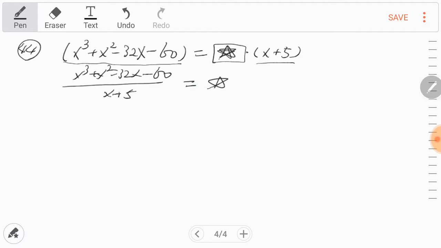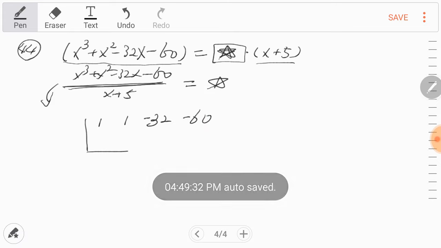So we have to divide this expression by x plus 5. Let's use synthetic division. The coefficients of the numerator are 1 for x cubed, 1 for x squared, negative 32 for x, and negative 60.